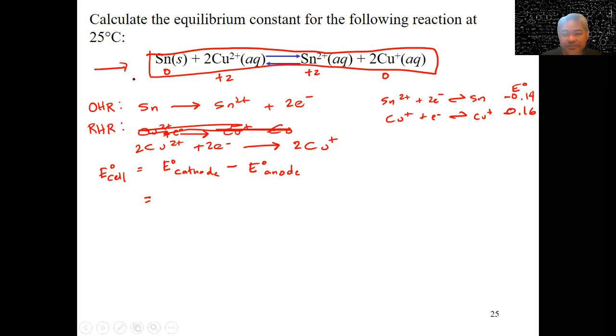Are we clear on that? When there is a given reaction, determine based on the given reaction which one is oxidized and which one is reduced. Okay? So we're going to do it here. So we could say what? 0.16 minus negative 0.14. And what do you get? Is it 0.30?